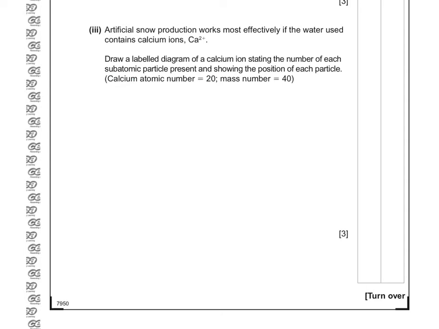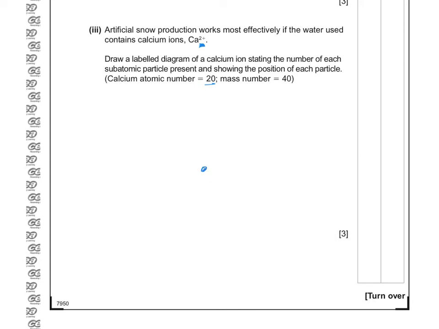Calcium ion, its atomic number is 20. So when it is an atom, it would have 20 electrons. But because it's an ion, 2 plus, that means that it has lost 2 electrons, which will leave it with 18 electrons.